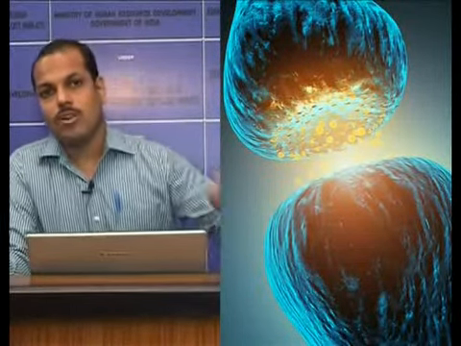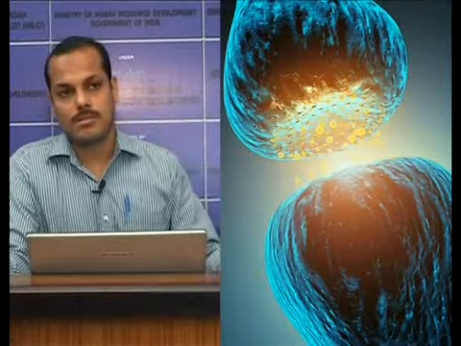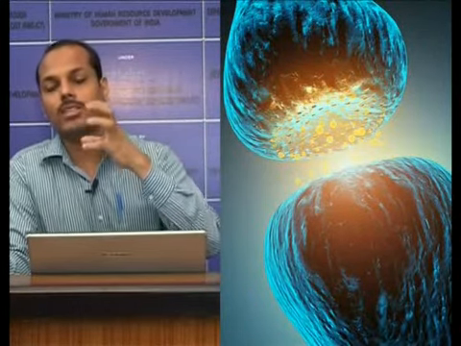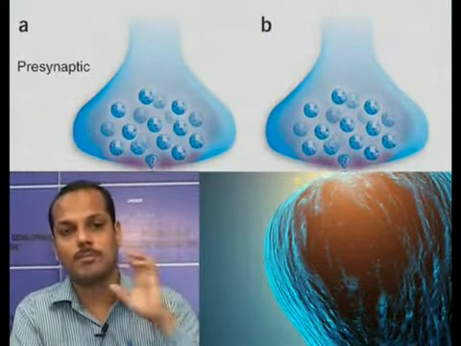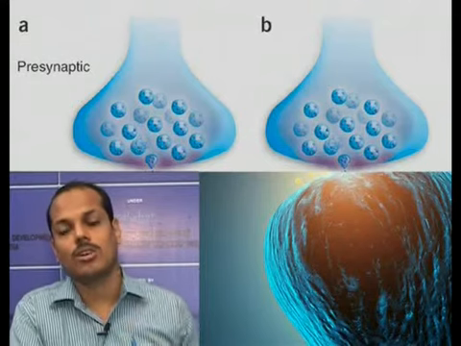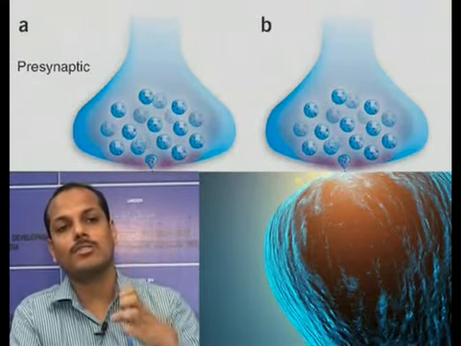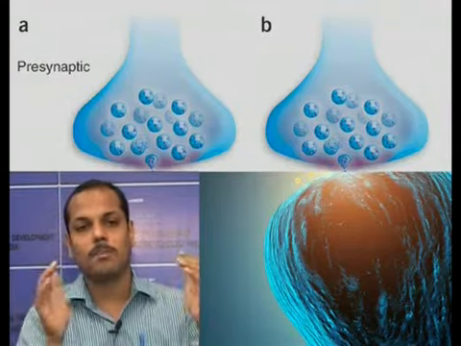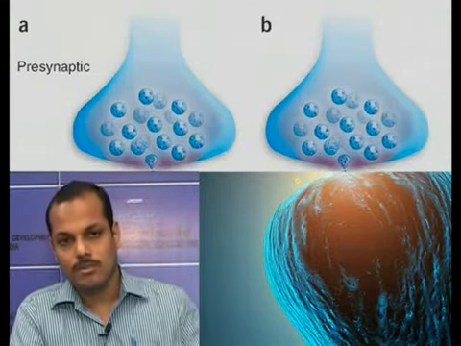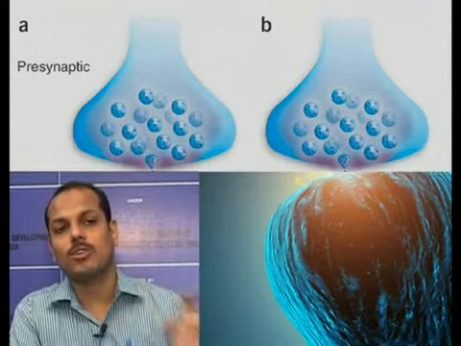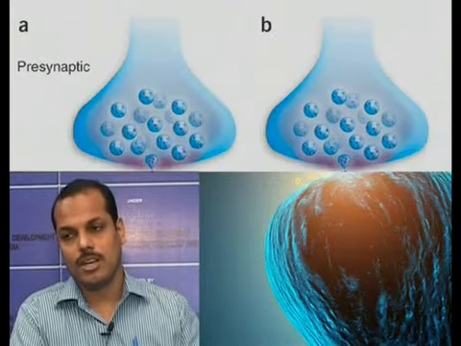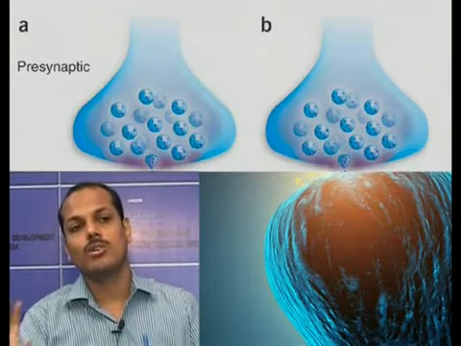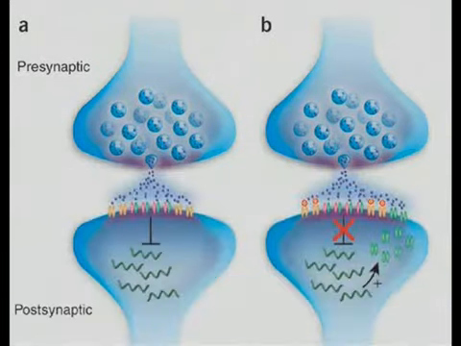Now, at the zone of a synapse, the terminal branch of the axon enlarges, and this is called the presynaptic node. The cell membrane of the presynaptic node is called the presynaptic membrane, and the other neuron also has a cell membrane, called the postsynaptic membrane, and postsynaptic node.